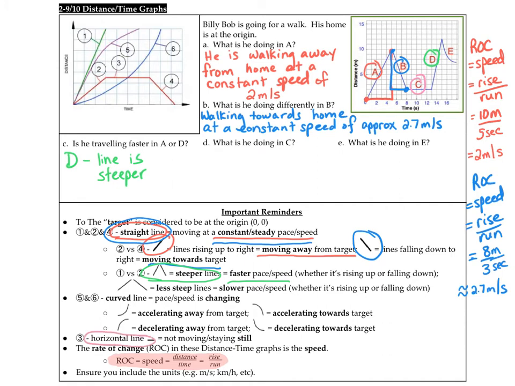So horizontal line means that they are staying still. So in C, he is standing still, if you look at the time, from 8 seconds up to 13 seconds. So that's for 5 seconds.